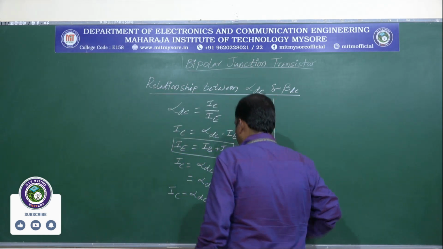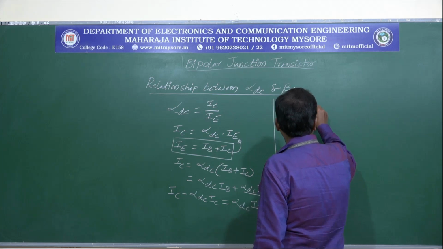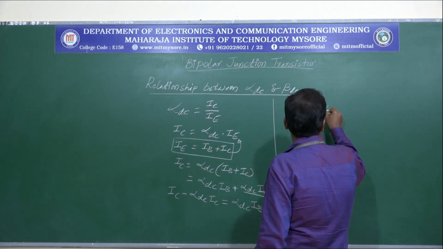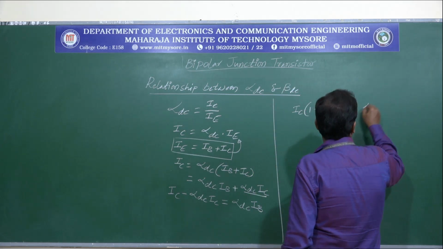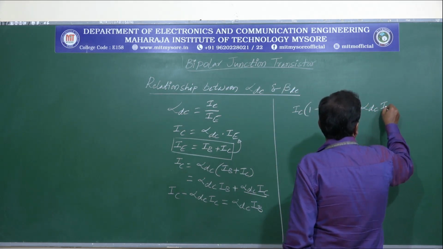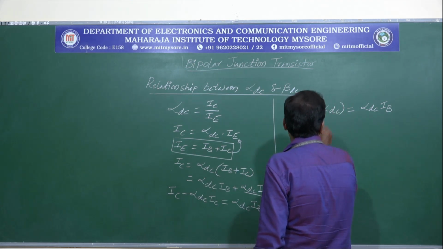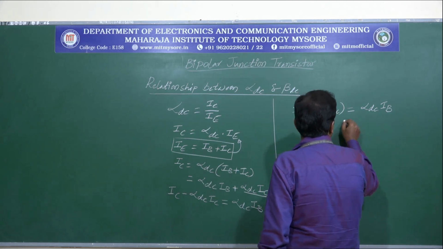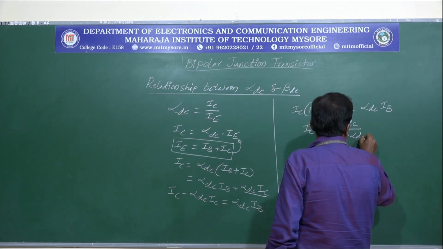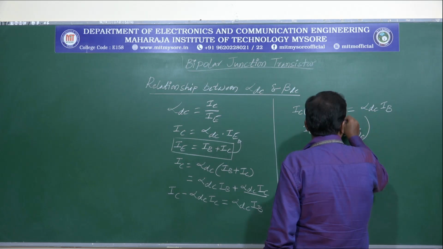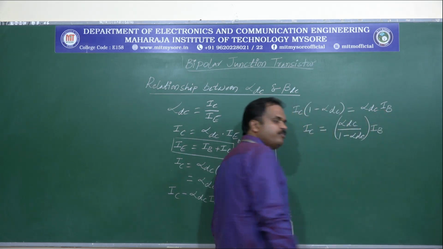This can be written as IC into (1 minus alpha DC) equals alpha DC into IB, and IC is equal to alpha DC by (1 minus alpha DC) into IB.